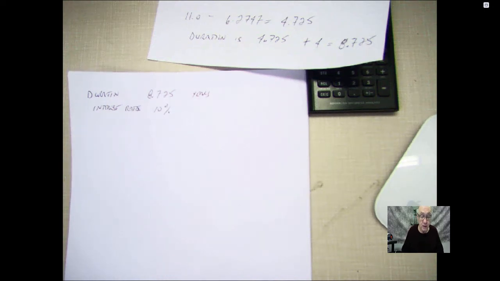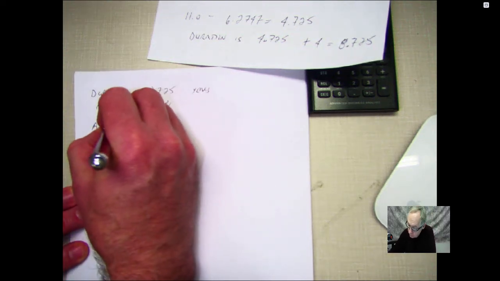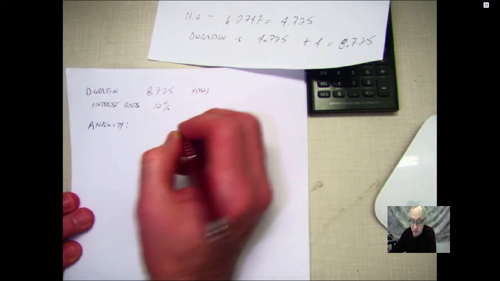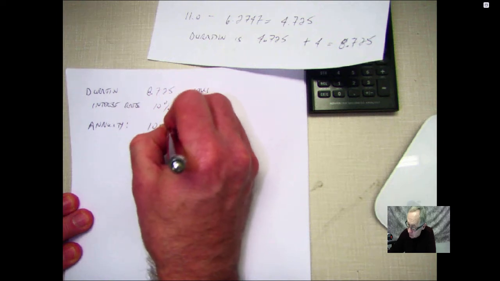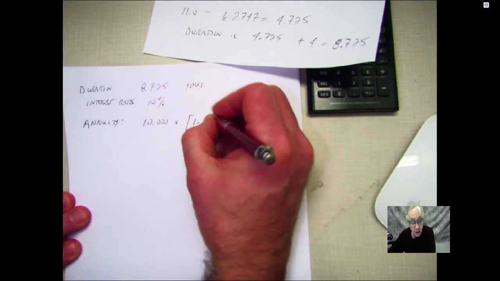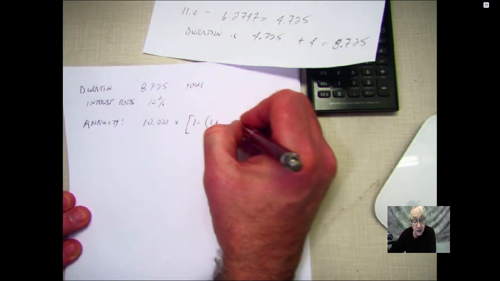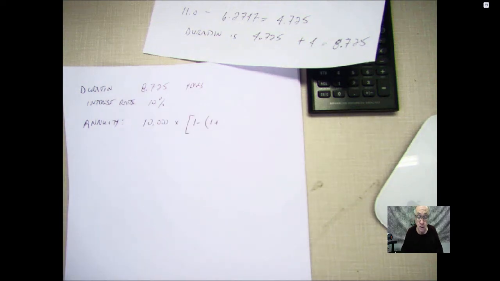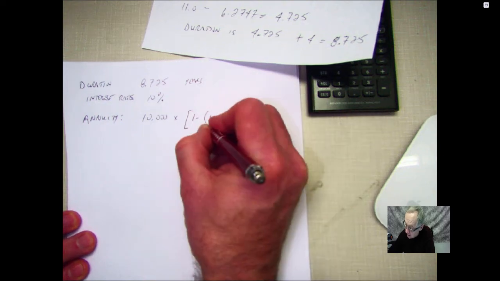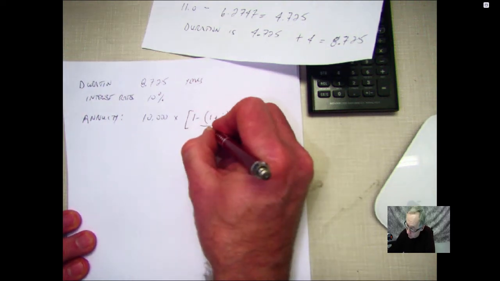Now we use the annuity formula again to calculate what we need for an investment amount in zero coupons. So our next calculation is 10,000 times (1 - (1 + i)^-n) all divided by i.